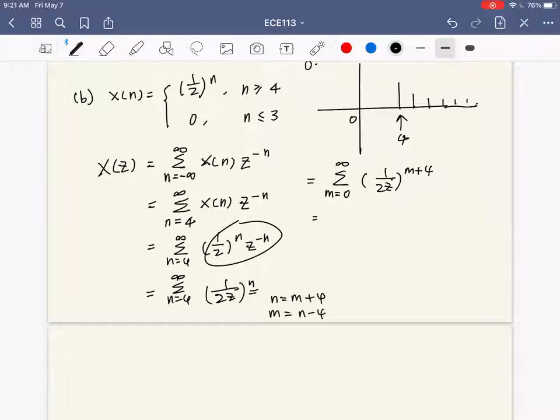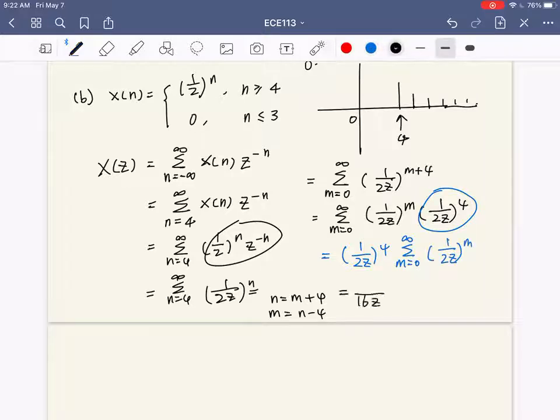And then n becomes m plus 4. n is a variable while 4 is a constant, so we can split the two terms like this, right? And this term is not affected by the sum, which means that it is a common portion of each term. So we can extract it out of the sum to make the summing easier.